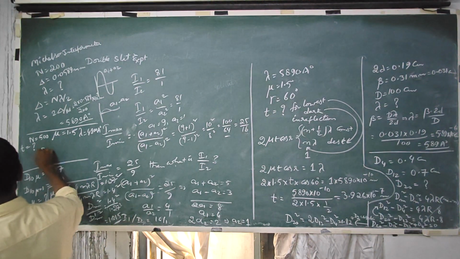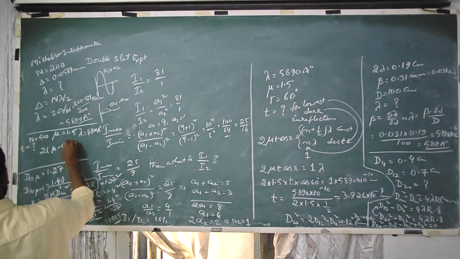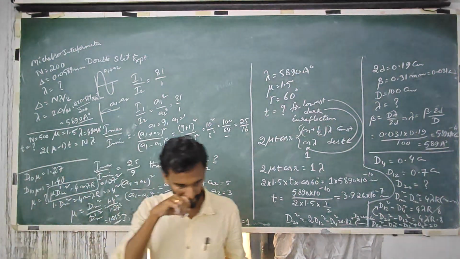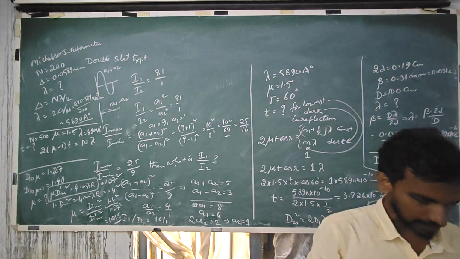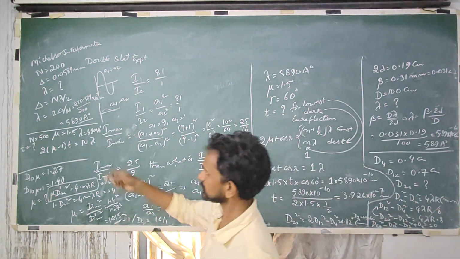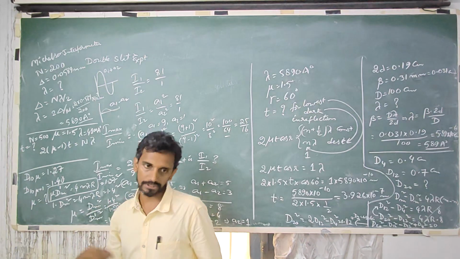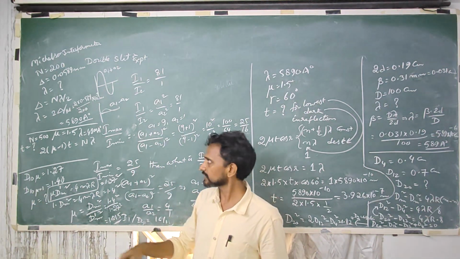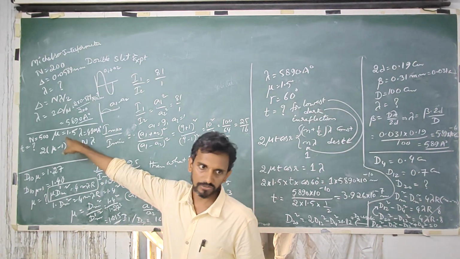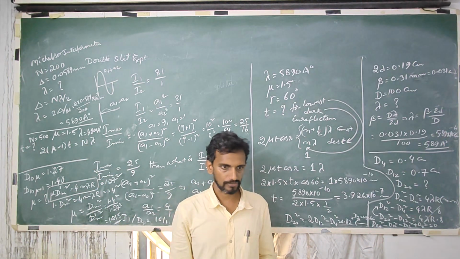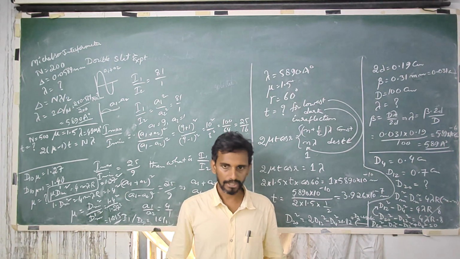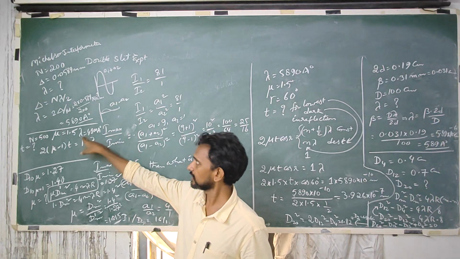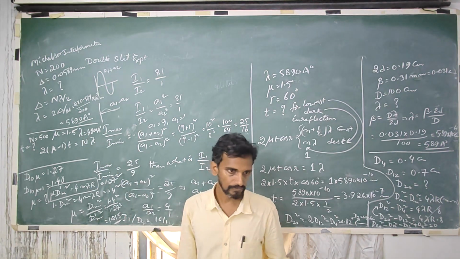Here the equation is 2 into (mu minus 1) t is equal to n lambda. So in the Michelson interferometer, when some glass plate is introduced, the discussion is how many fringes get shifted. So 500 fringes shifted when a glass plate with refractive index 1.5 is introduced in Michelson interferometer. When an extra glass plate is placed in the middle of the Michelson interferometer, 500 fringes shifted. Wavelength is 4800 angstroms.